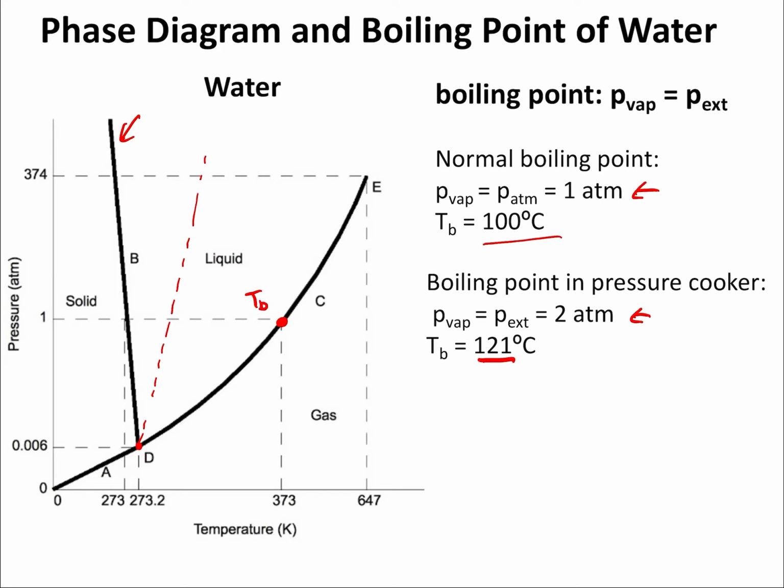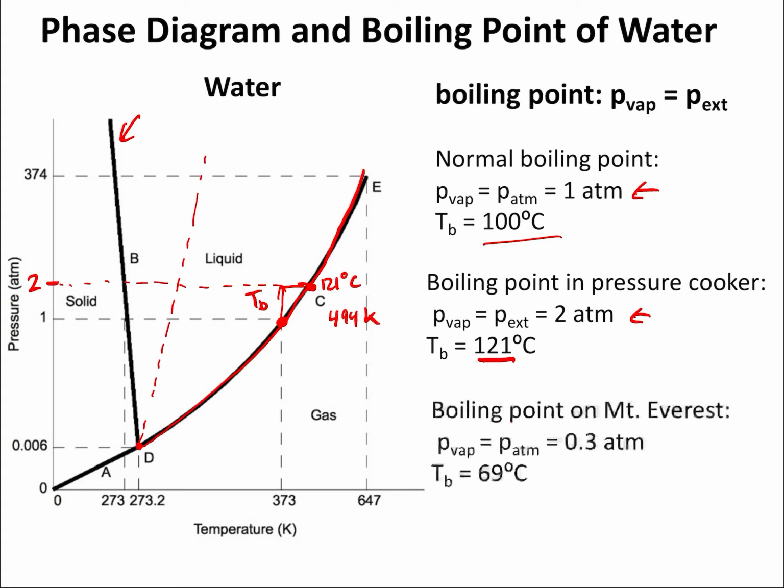If you increase the pressure, somewhere up here like 2 atmospheres, basically we're going up 2 atmospheres and we go to a new temperature up here, which would be 121 degrees Celsius, or I guess that's equal to 494 Kelvin. This diagram shows the relationship between the boiling point and the pressure. At any point along this line, you could determine what the boiling point of the substance would be at any of those pressures.